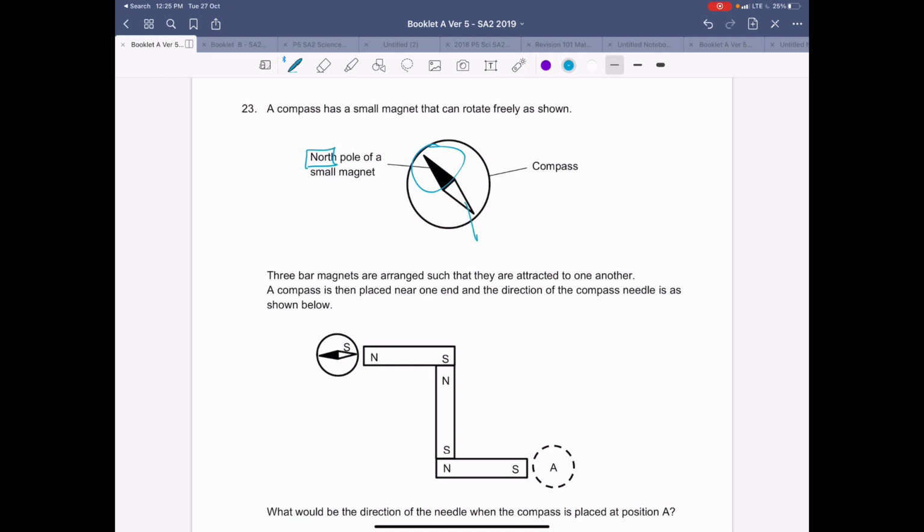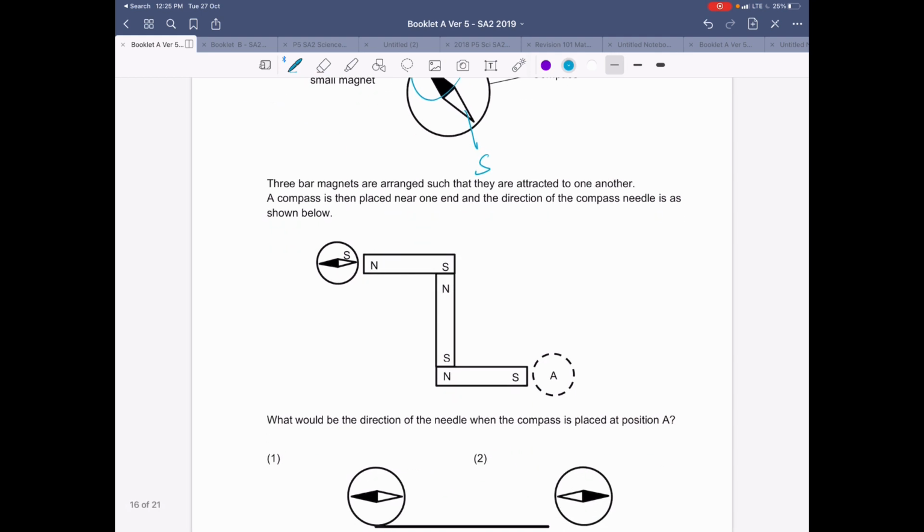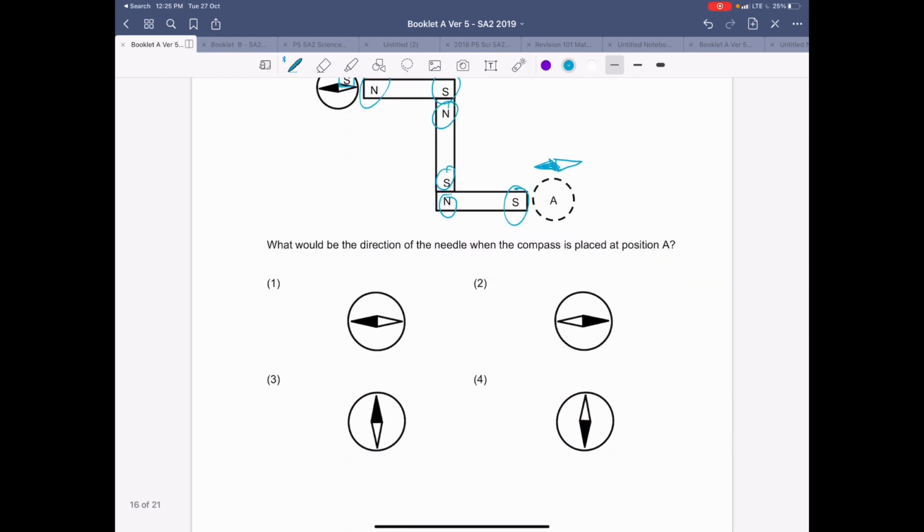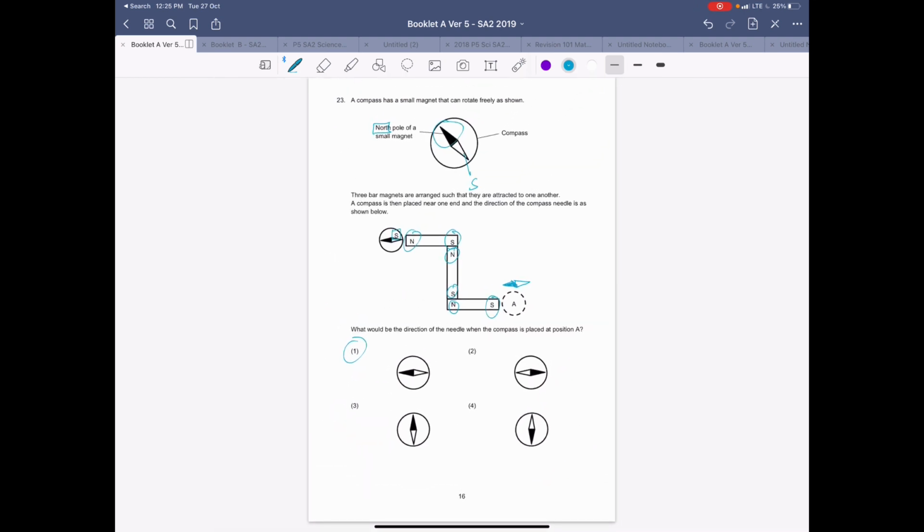So the other one must be your south. Okay? So as you can see, the south is facing the north. Then this is the South Pole, North Pole, South Pole, North Pole, South Pole. This must be the North Pole that is facing. So this is the shaded one. So the answer will be 1. Alright, make sure you look through the rest, okay, to make sure they're not correct.